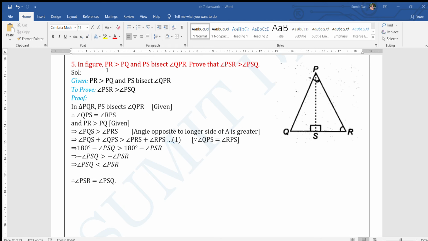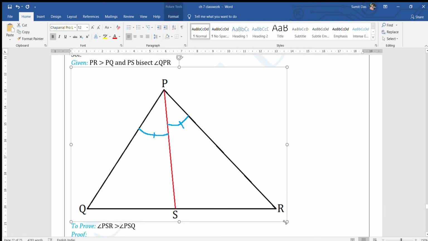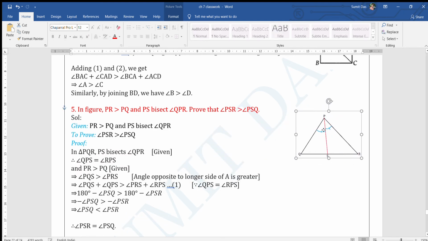Just hold on a minute. Okay, this is the better diagram.